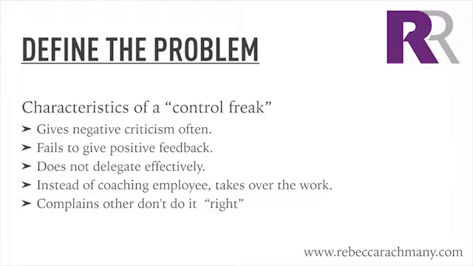And that might happen at the outset, or it might happen, like in the next characteristic, that instead of training people when they fail, so if they did delegate, right, let's say somebody made a mistake or didn't do it properly, instead of training or coaching that person, the control freak is like, you know what, forget it. I'll do it myself. Again, you'd never do that, but some people do that, right? And then they get labeled with this label. And finally, somebody who's labeled a control freak, this particular example, is even when other people do get the results, they complain it didn't get done right. It's like, okay, well, they got it done, but it wasn't the right way, okay?